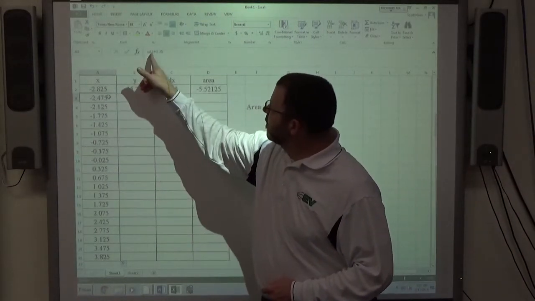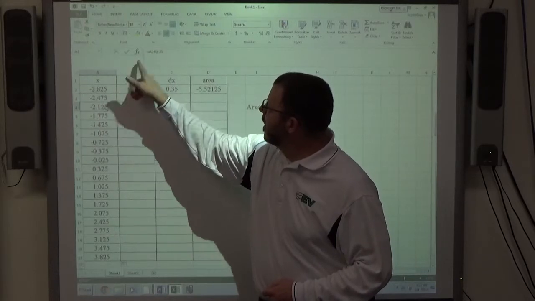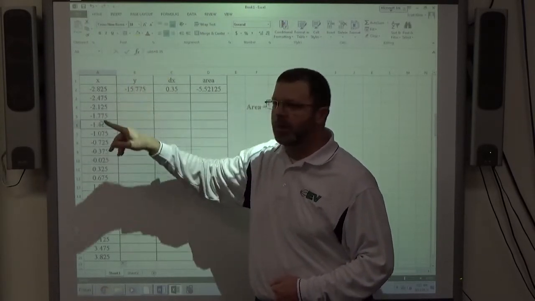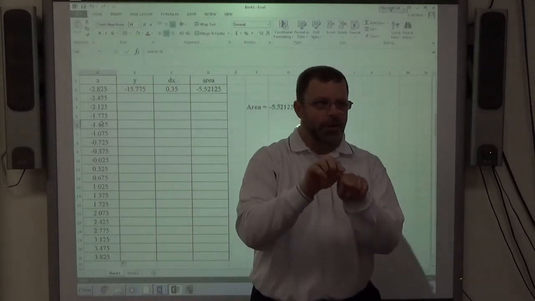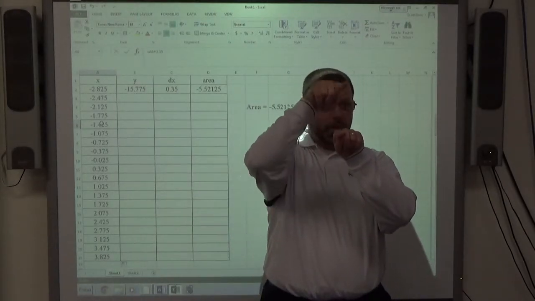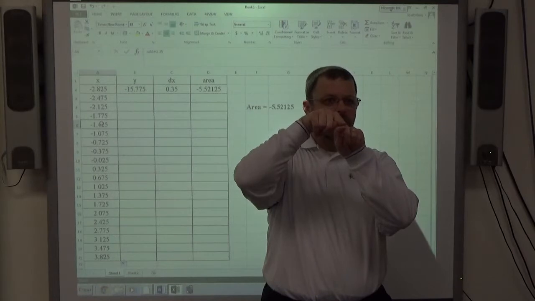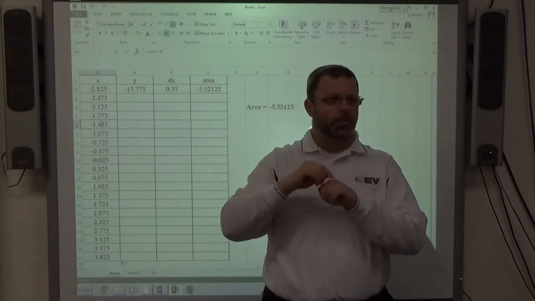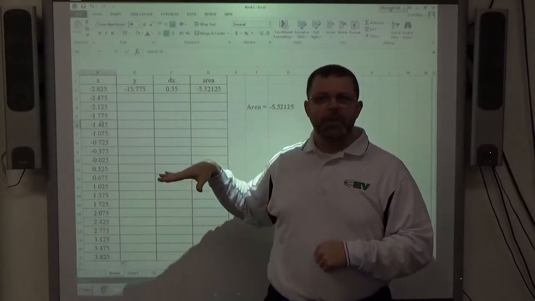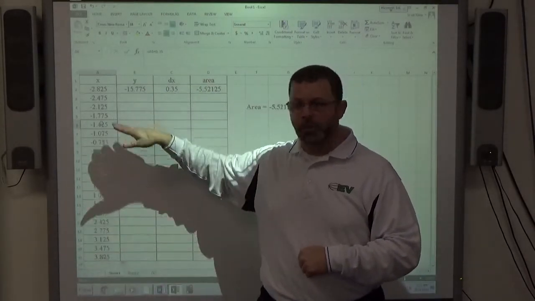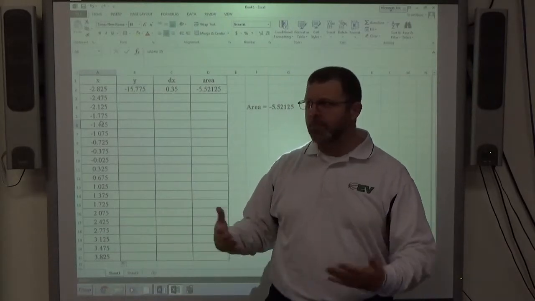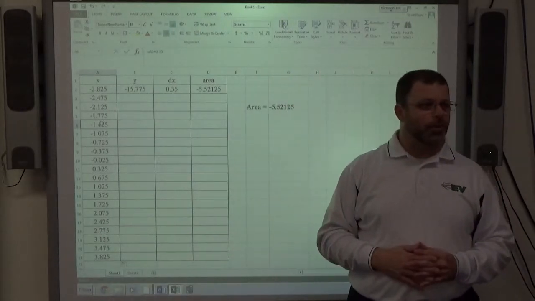That's A2 plus 0.35, now it's A3 plus 0.35, now A4 plus 0.35, now A5 plus 0.35. It takes the cell above and adds 0.35, repeating that formula all the way down. And notice our ending point, 3.825. If I went one further, it would be past that 4, the value we're supposed to go to.